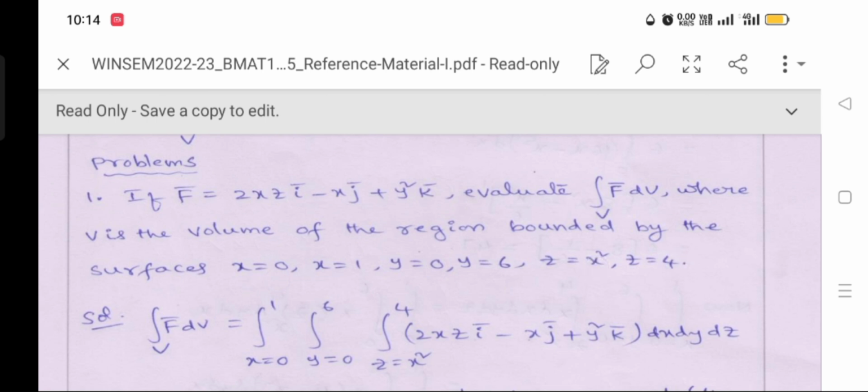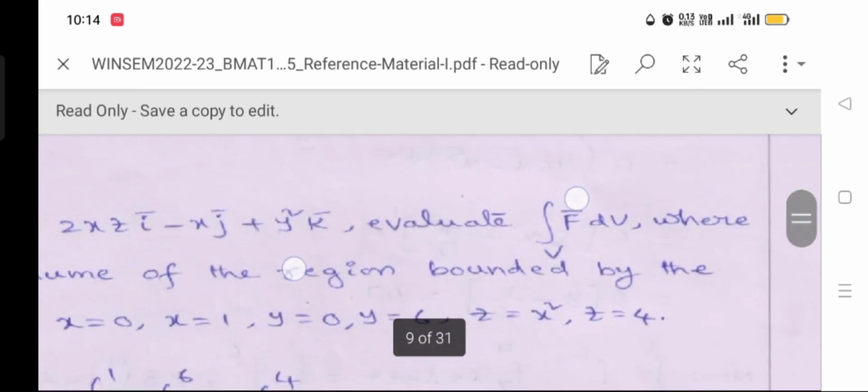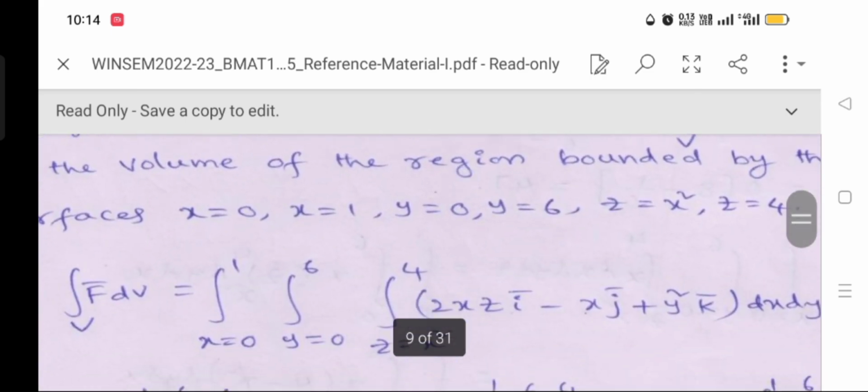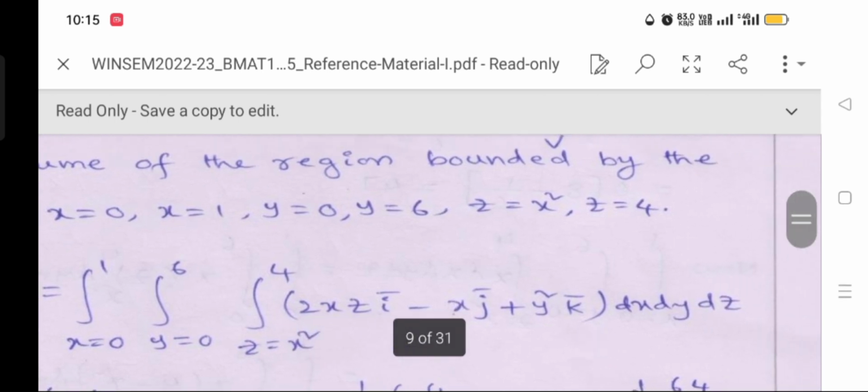So the given vector can be written as a triple integral, right? x equal to 0 to 1, y equal to 0 to 6, and z equal to x square to 4. So first we have to write the F1 vector, F2 vector and F3 vector with dx, dy, dz.